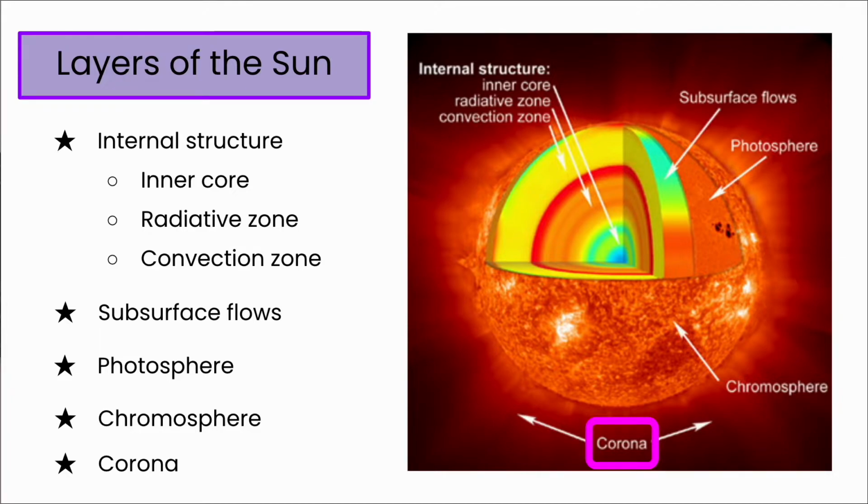The corona can't be seen by the naked eye either, unless we have a total solar eclipse, or we use special equipment such as a coronagraph. Beyond the corona is the solar wind, which is just an outward flow of the coronal gas.